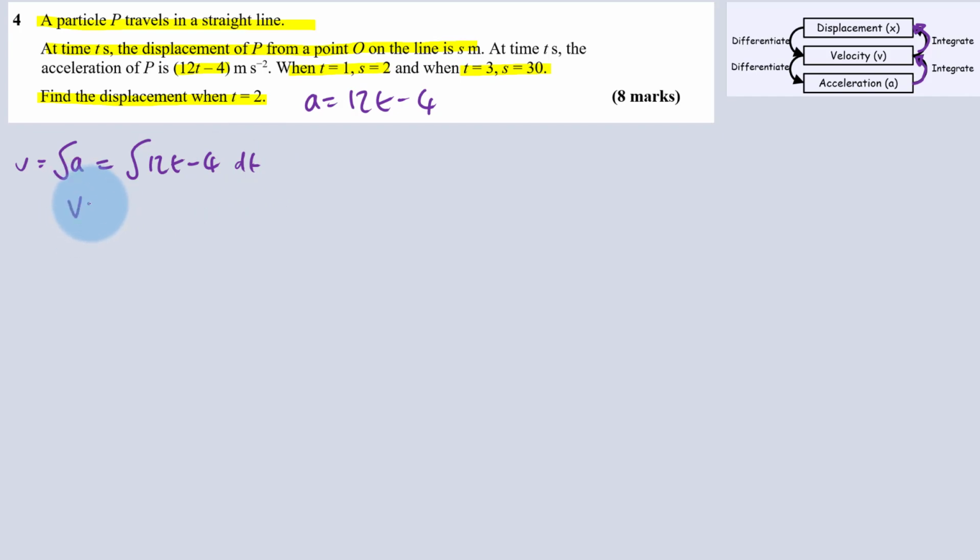So v is going to give us, increase the power by 1, divide by the new power, so t squared, 12 over 2 is 6, minus 4t, and we can say plus c, or any constant plus a plus b. That's step 1.